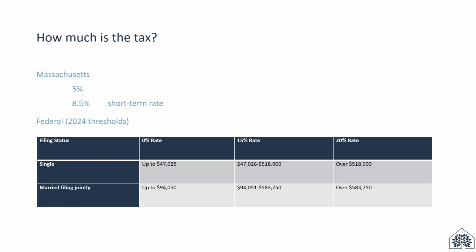But most people are going to pay the 15% tax rate, because for a single individual, that's between $47,000 and almost $520,000, and for a married couple, that's between $94,000 and $583,000. Anything above those figures, the $518,000 and the $583,000, is going to be taxed at a 20% tax rate. So for most people, the combined capital gains tax rate between Massachusetts and federal is going to be 20%.